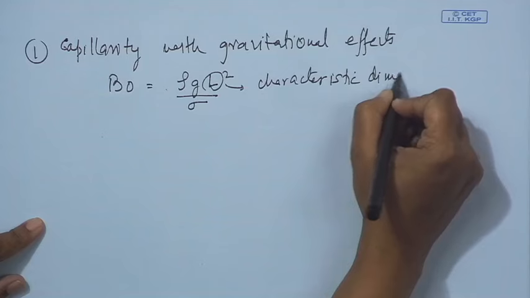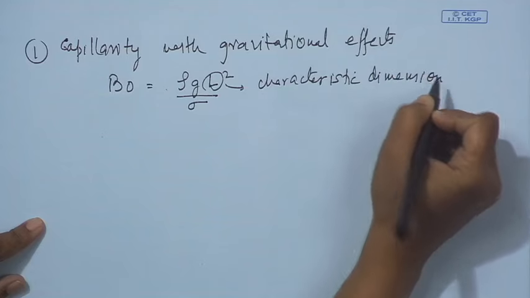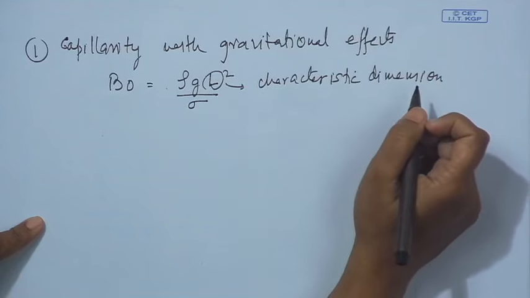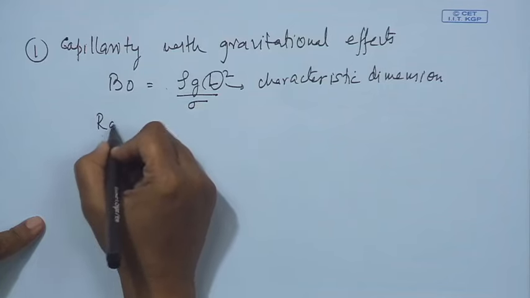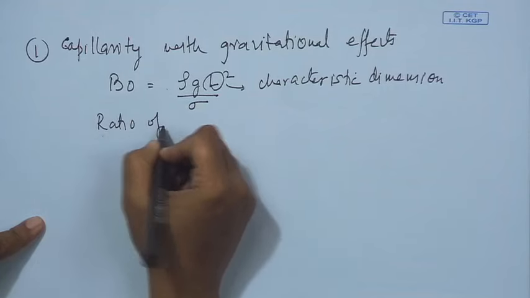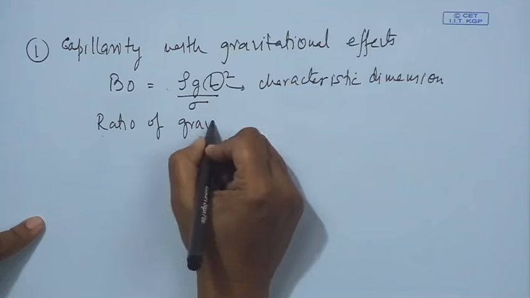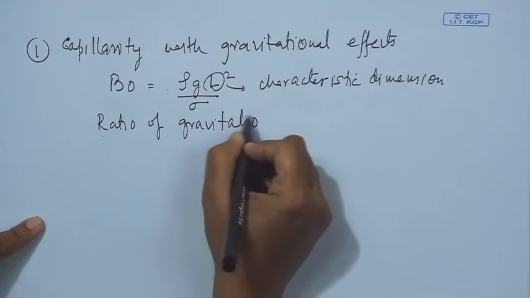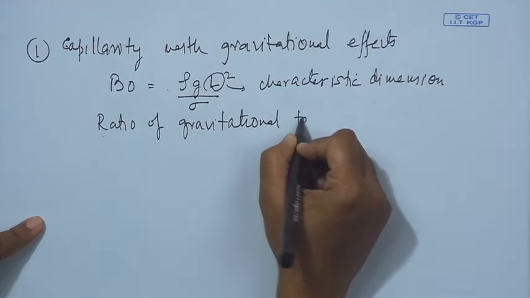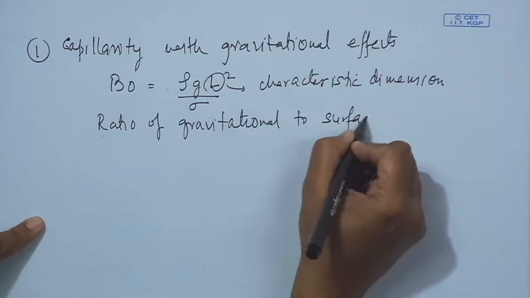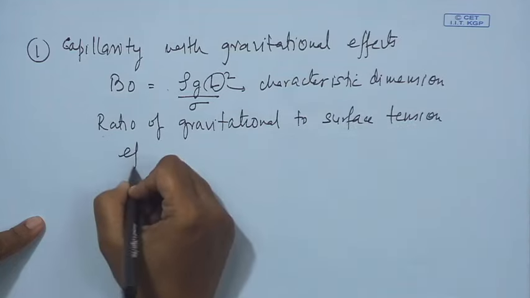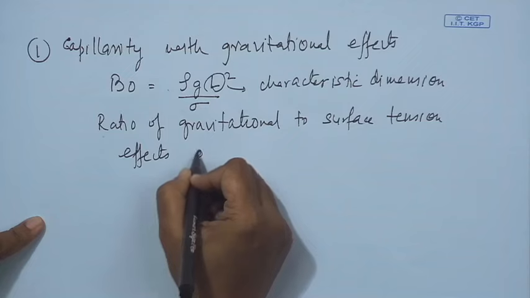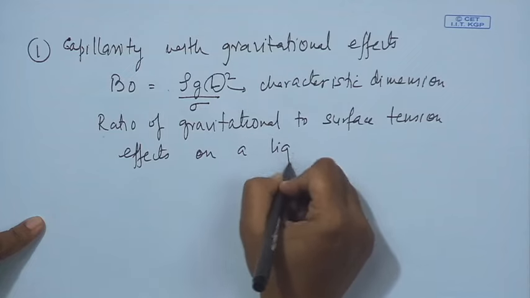For most of the cases, it is the tube dimension or a conduit dimension, and this gives us the ratio of gravitational to surface tension effects on a liquid surface, right.